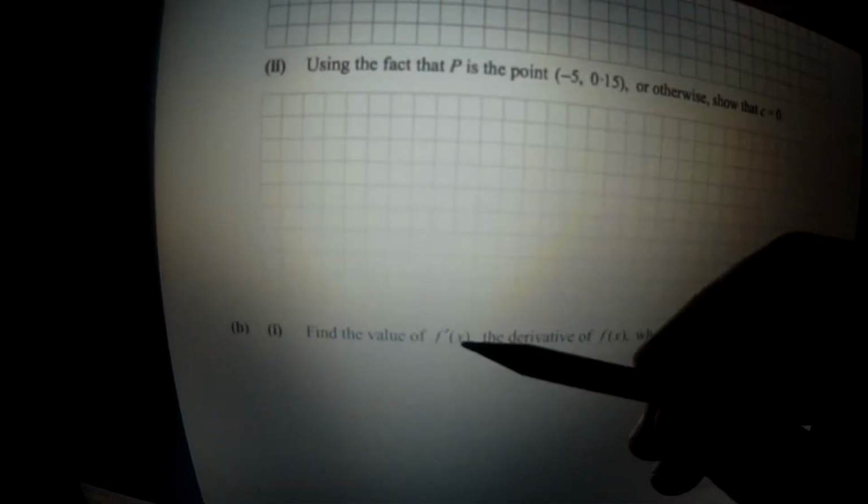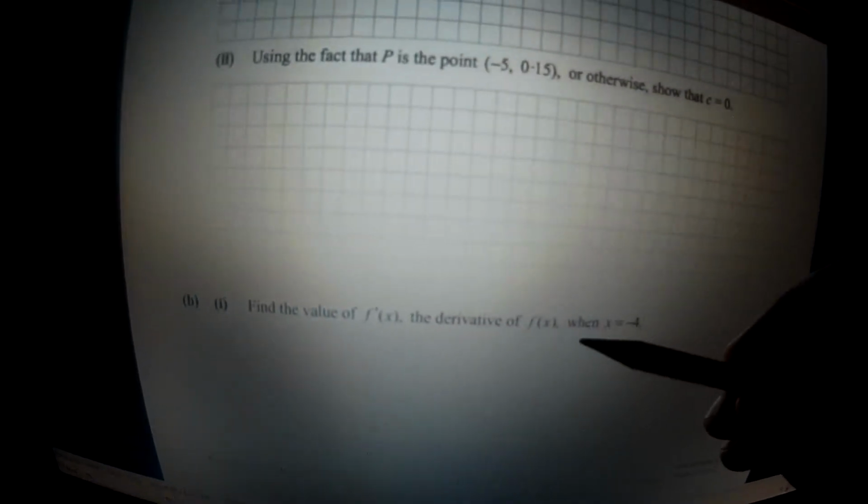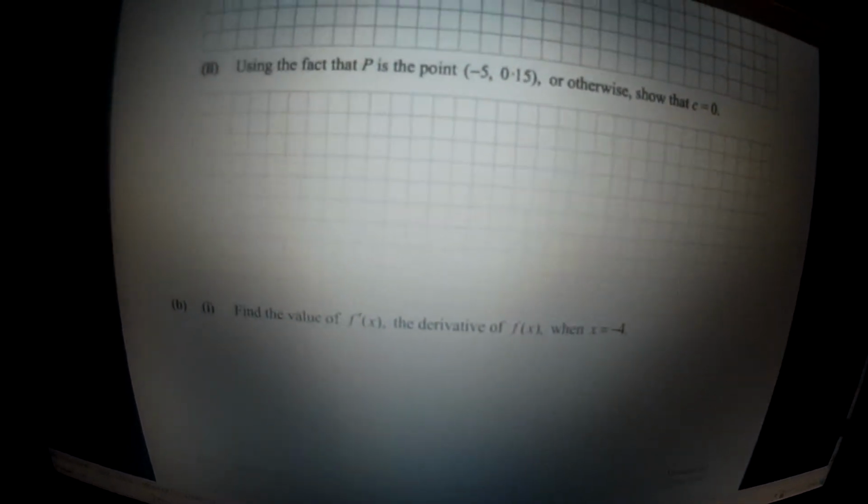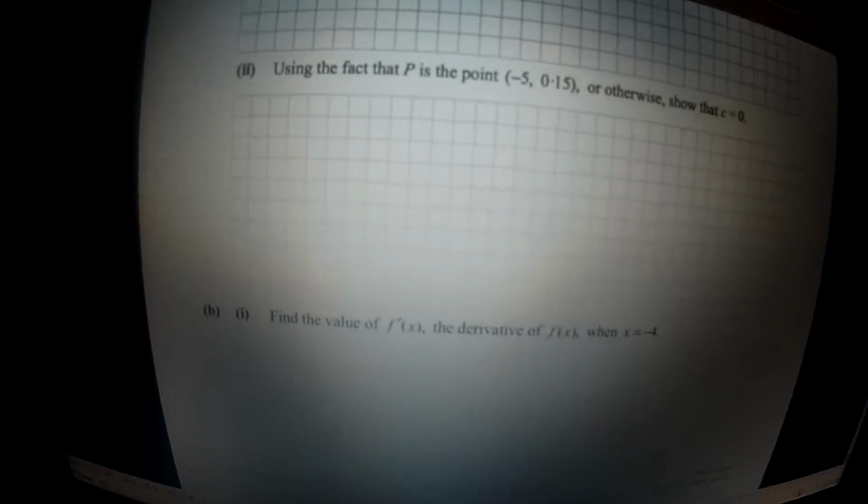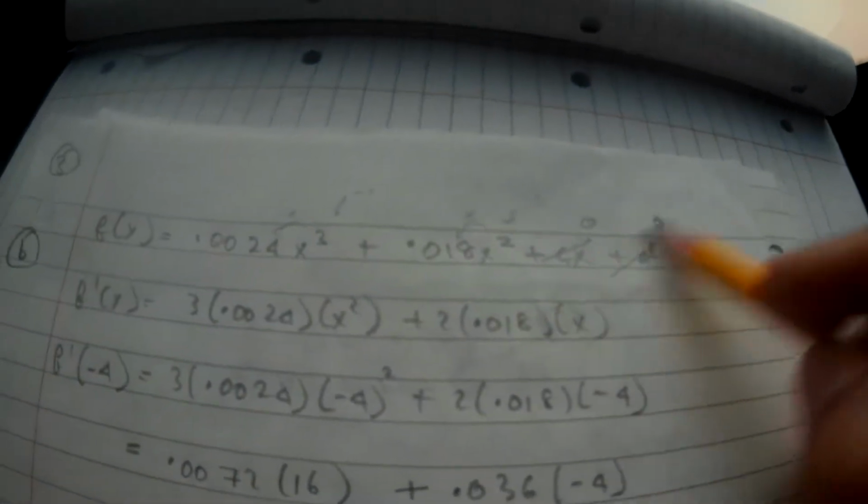Find the value of f dash x, the derivative of f of x, when x is equal to -4. So I've got to get the derivative and then put the x value to be -4. So f of x is 0.0024 times x cubed plus 0.018 times x squared. c was 0 and d was 0, so they're gone.